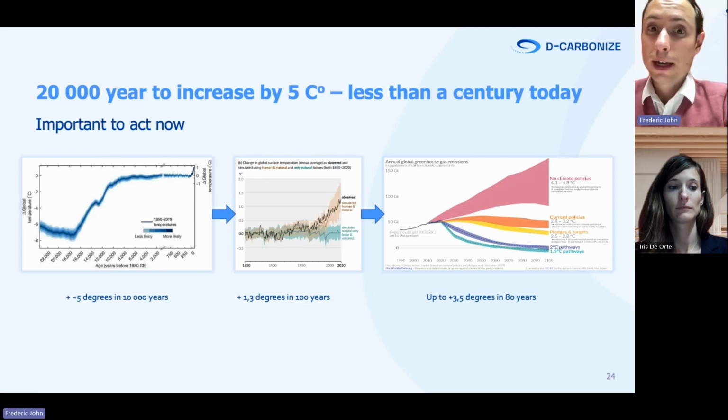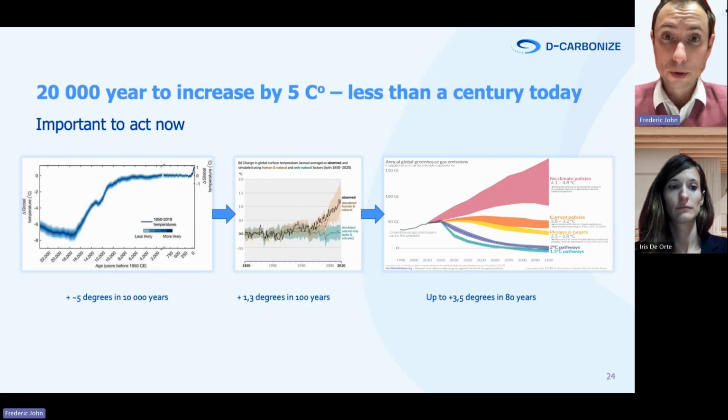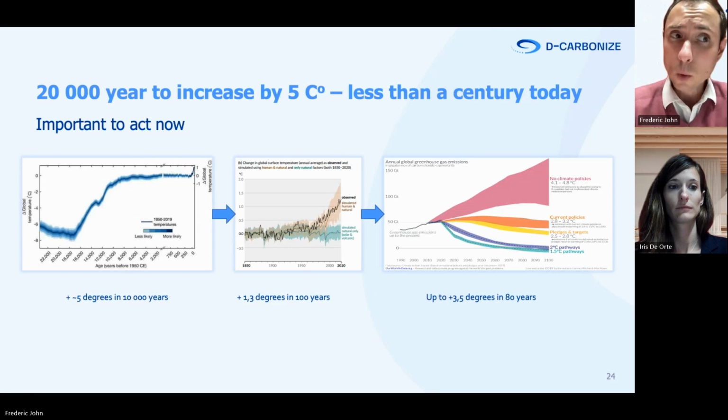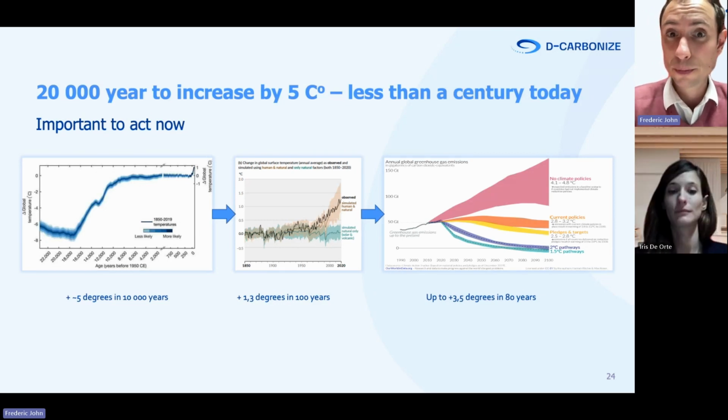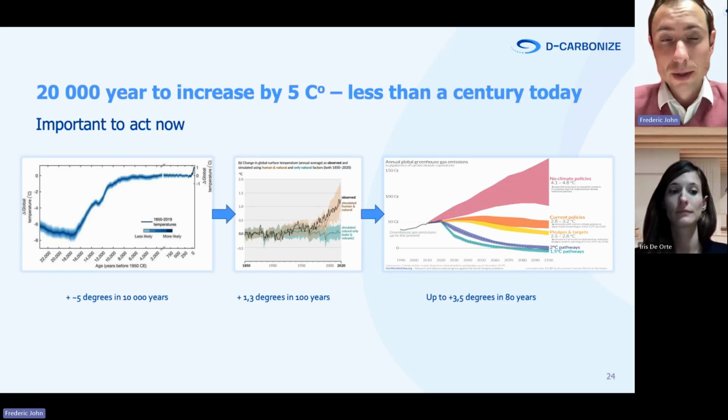The real challenge is that right now, due to global warming from human activities, we could have an increase of temperature of up to +5 degrees, not in 10,000 years, but in a century or a bit more. This acceleration is dangerous, because it's very difficult to predict the impact due to the speed at which we increase our temperature.